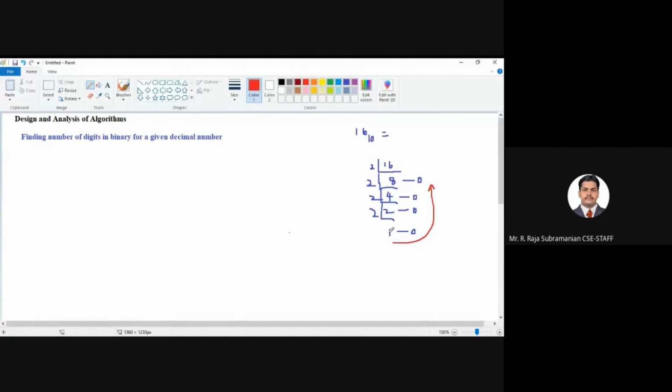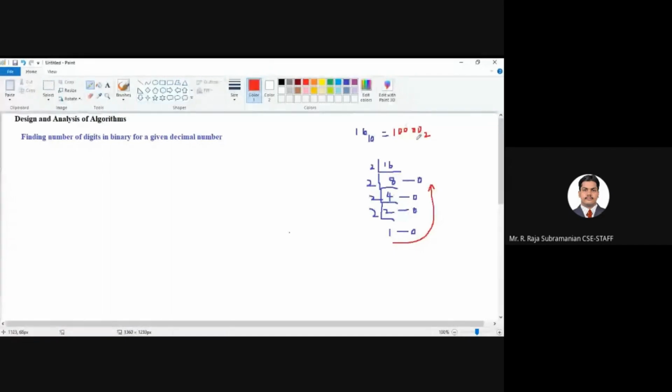So what is my binary notation? 1 0 0 0 0. That is my binary notation, base 2. How many digits are there in binary totally? Five digits.